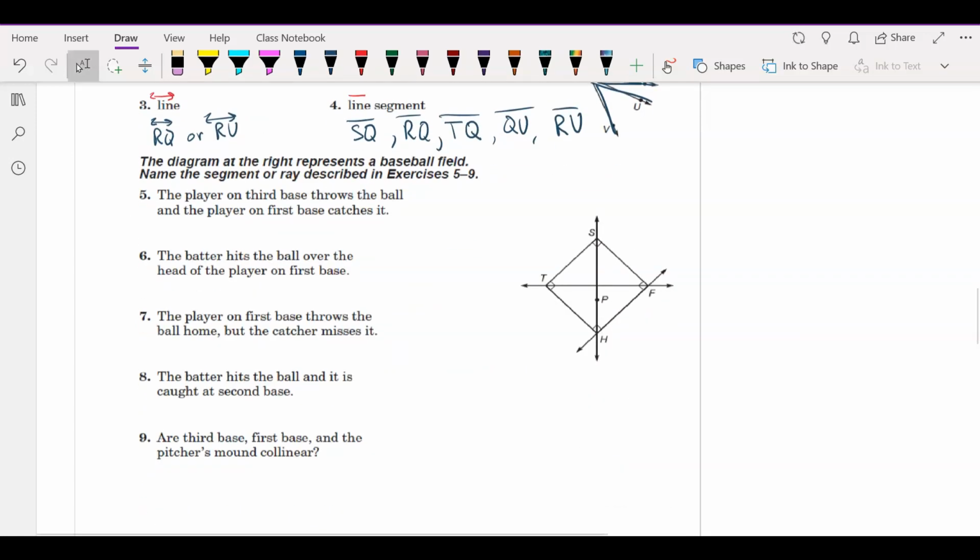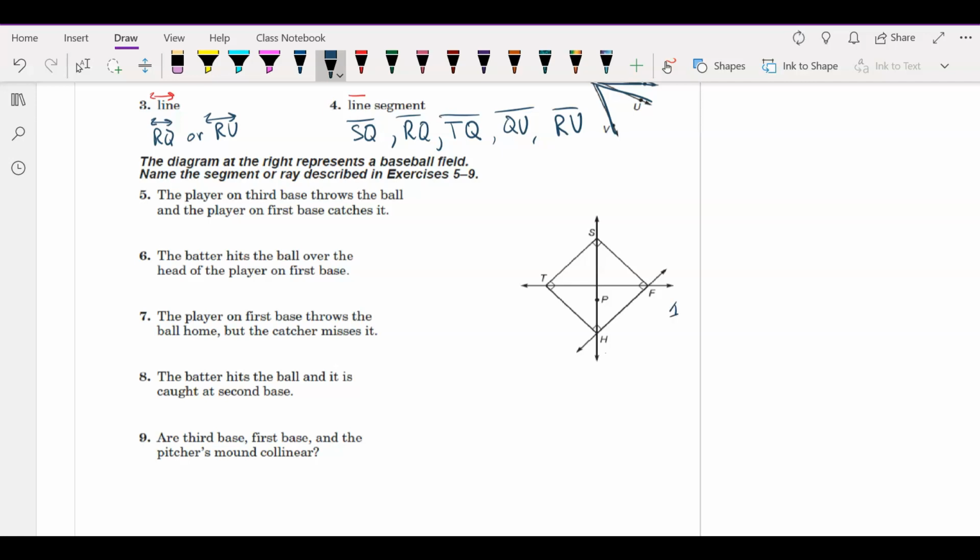Okay, next example, it says, the diagram at the right represents a baseball field. Name the segment or ray described. A player on third base throws the ball, and the player on first base catches it. Okay, so this is home, first, second, third.